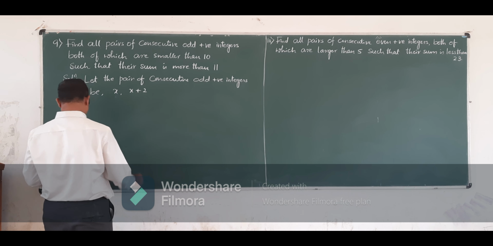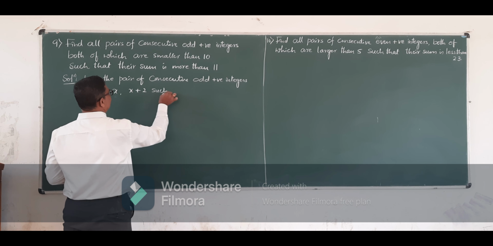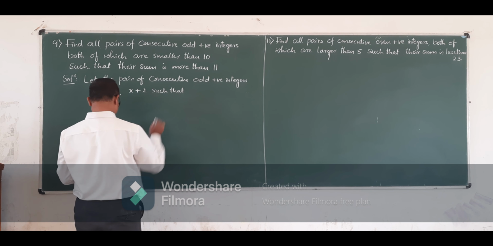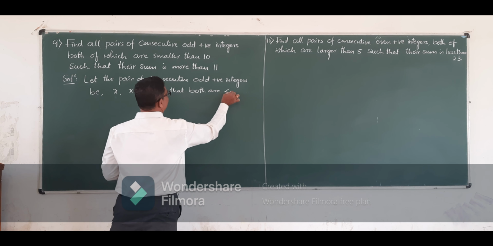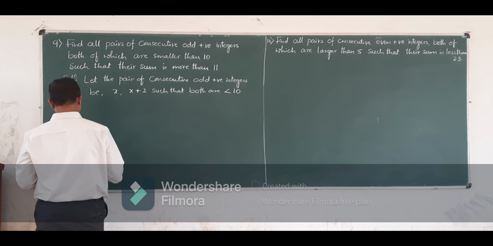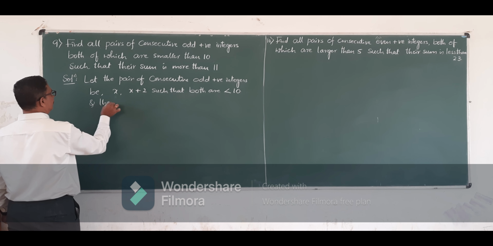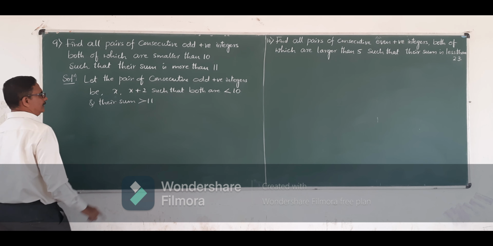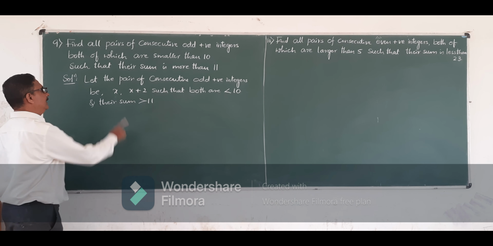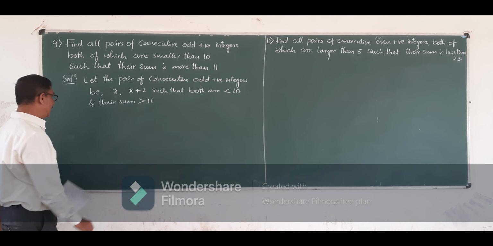Okay. Such that both numbers are less than 10 and their sum is more than 11. Both the numbers are less than 10 and their sum should be more than 11.